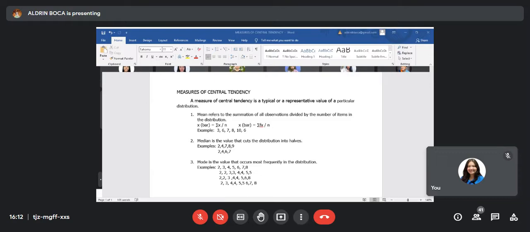So 40 divided by 6 will give you what? 6.67 po, sir. 6.67 or 6.666666 and so on. So it is a non-terminating repeating decimal, okay? So 6.66666 or approximately equal to 6.67, okay?